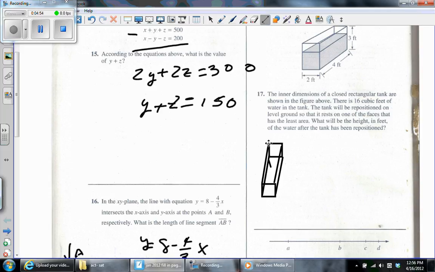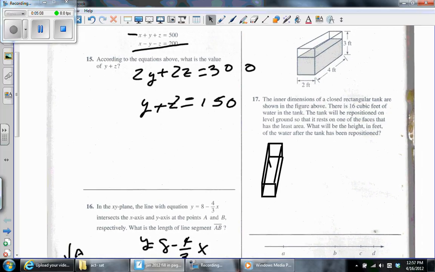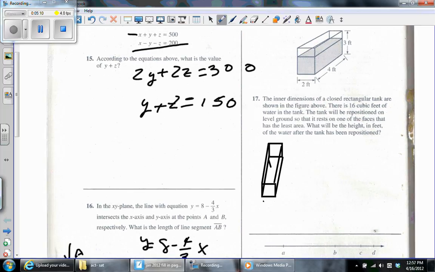Good. Now, since that's 2, 4, 3, and I want this area to be the faces that have the least area, so that I know that this side is 2. This side is 2, this side is 3, and the height of it that we're looking for is somewhere around 4, but we're not sure.